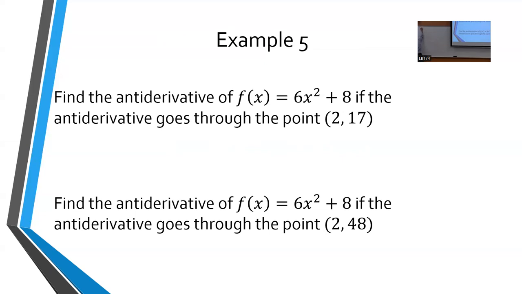So we need to find the antiderivative of f of x equals 6x squared plus 8 that goes through (2, 17). I'll write that on the board. And I'll find the antiderivative that goes through the point (2, 48) as well.